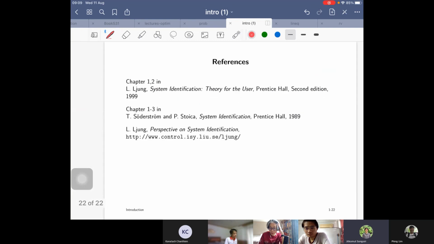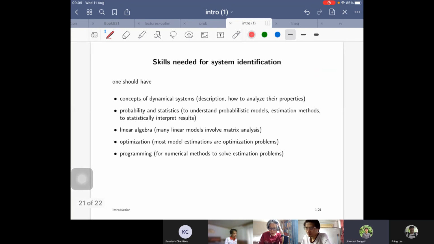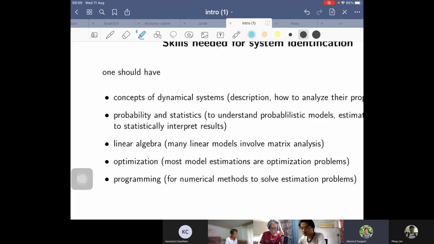I would like to conclude that, by looking at the whole scheme of system identification, we need some knowledge about how to come up with dynamical equations for a dynamical system, which means you need to know some basics about model classes. That's what I assume from the linear systems class. You need to know state space and linear transfer functions.